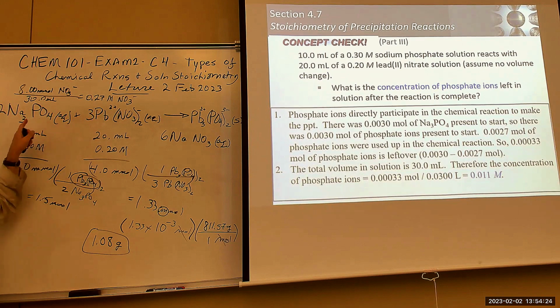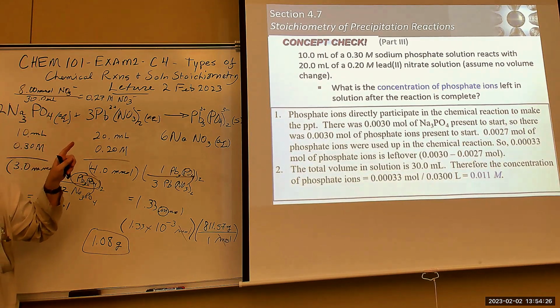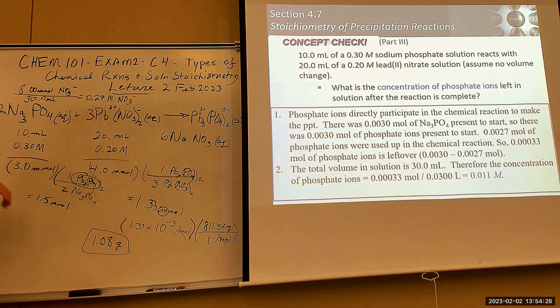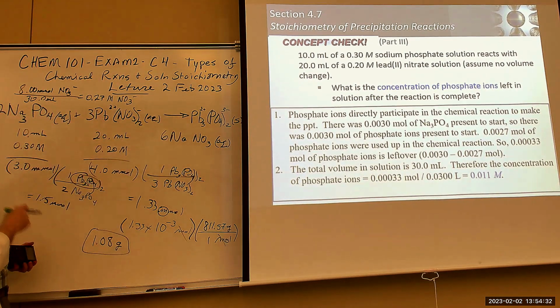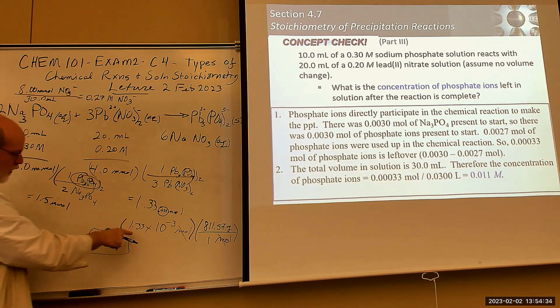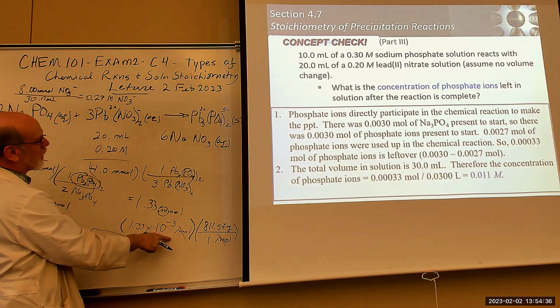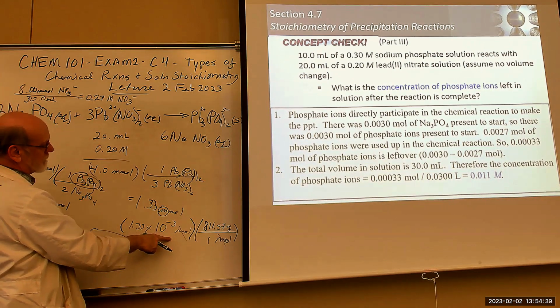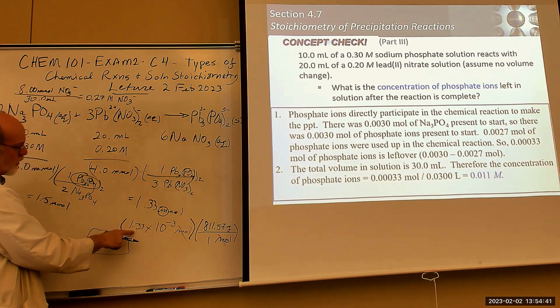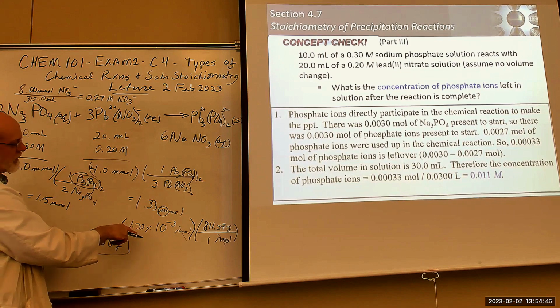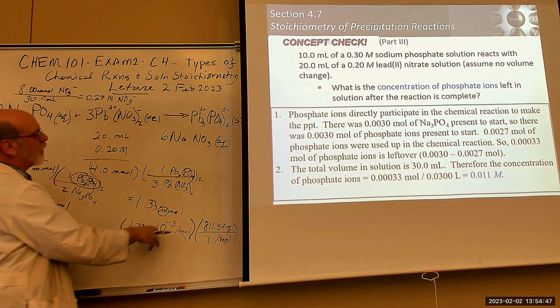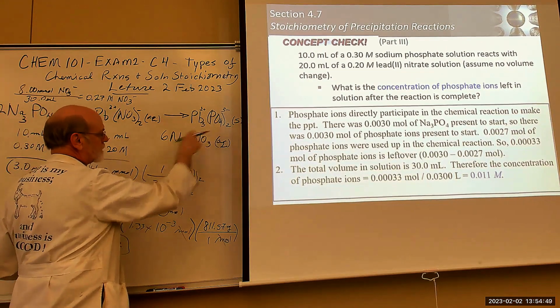So we do have some phosphate left over in solution. What we have to do is say how much phosphate was used up to make that. Well, we had 1.33 times 10 to the minus 3 moles, which is 2.66 times 10 to the minus 3 moles of phosphate.